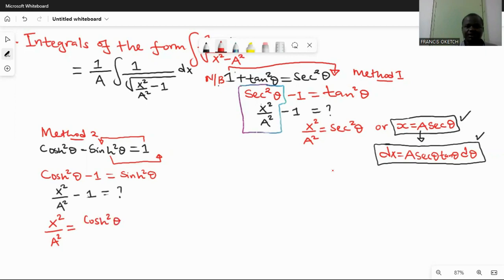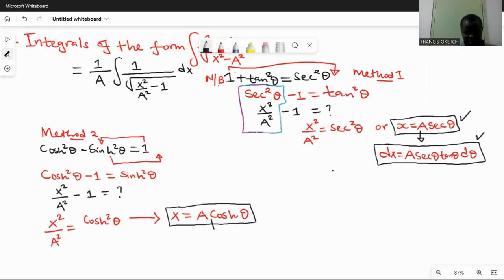And so from here, if you make x the subject, x squared is equal to a squared times cos hyperbolic squared theta, then get the square root on both sides. So that will give you a times cos hyperbolic of theta. That is another substitution that you can make. This is now hyperbolic substitution.